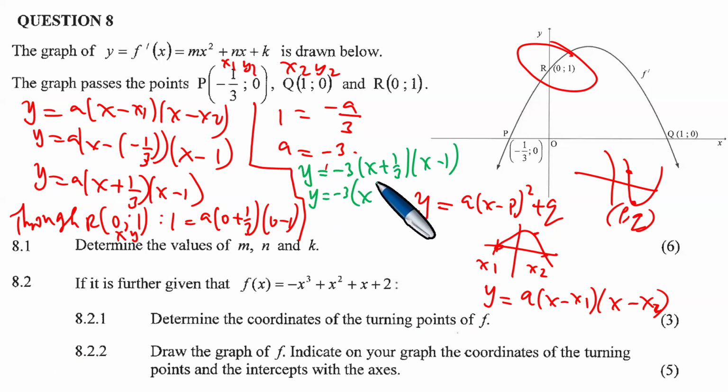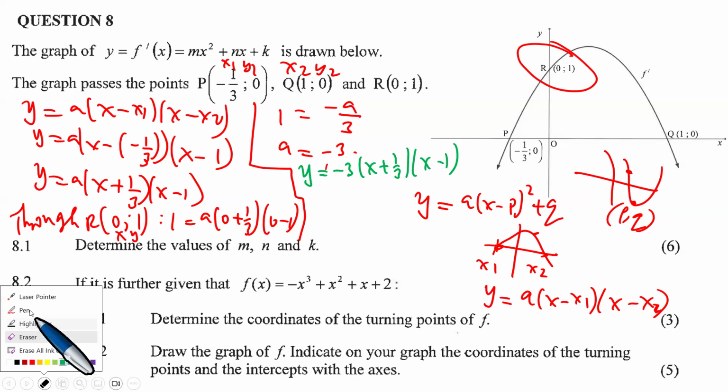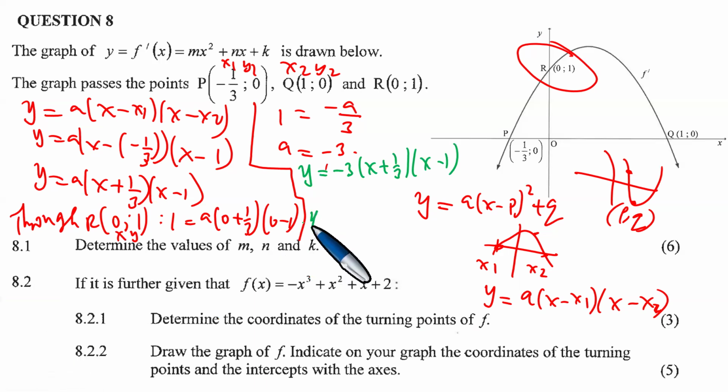So you have x squared minus x plus 1/3 times x minus 1, which is minus 3, and then we have x times x, which is exactly x squared, minus x plus 1/3 x minus 1 over 3.